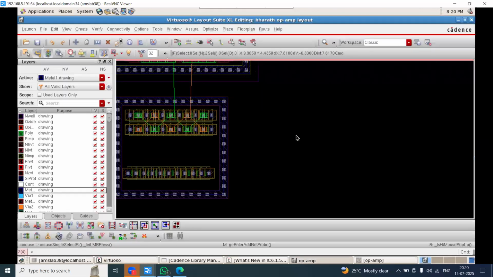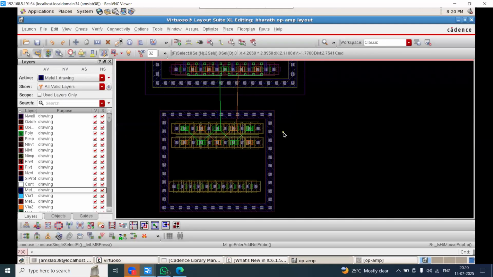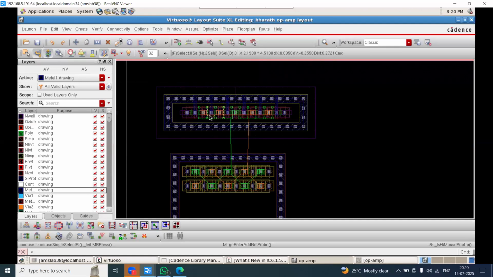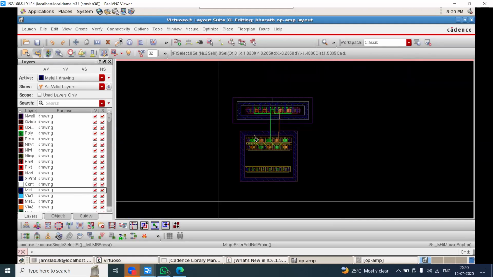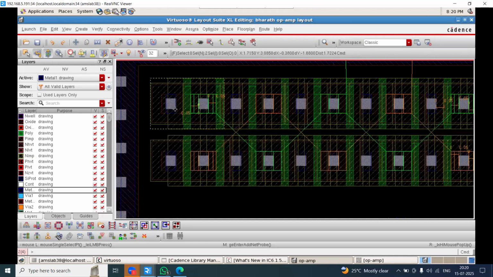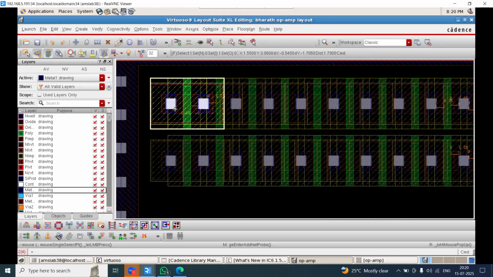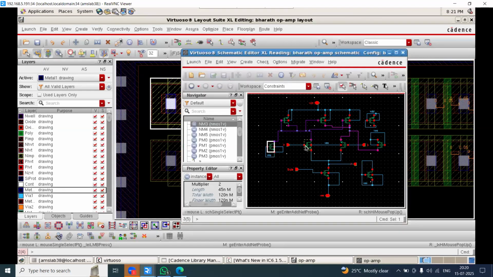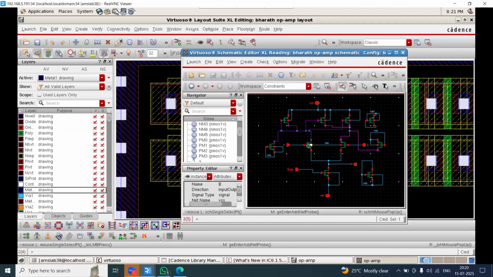Karthik, is it fine for everyone? This is a current mirror. Now we need to go for cross-coupled common centroid. In order to make that cross-coupled common centroid, this is one device, correct?